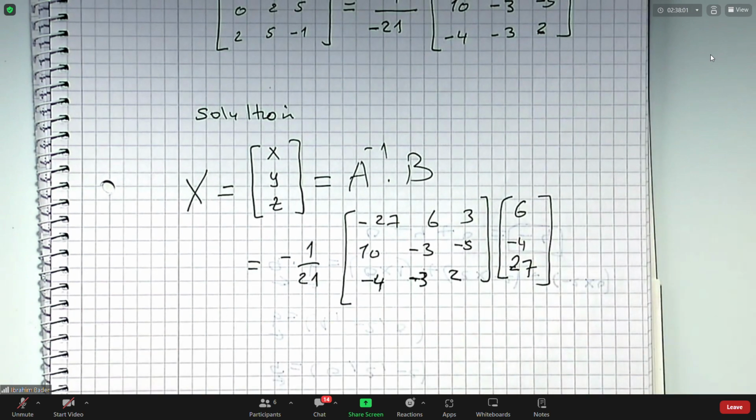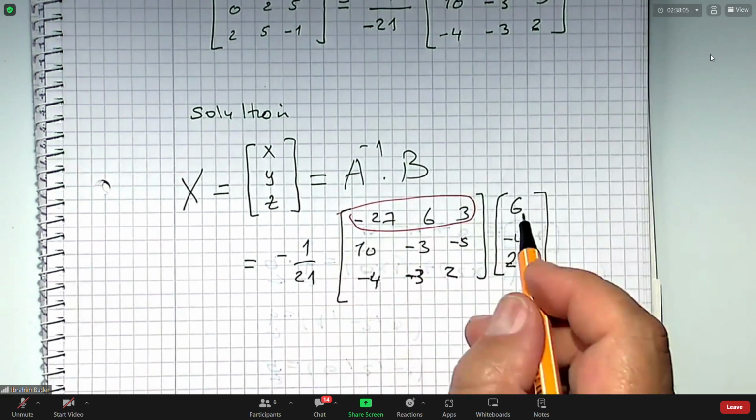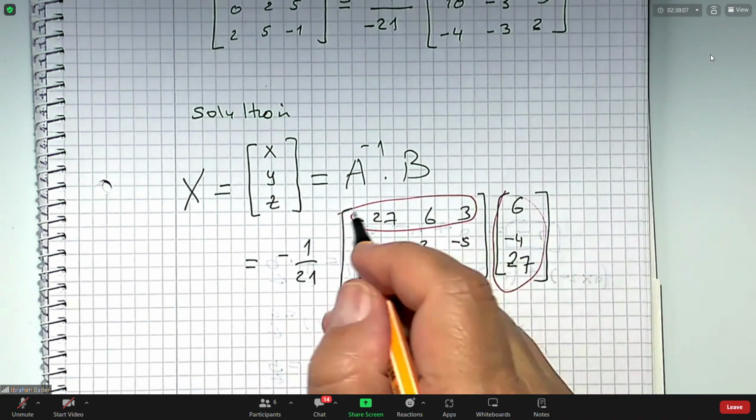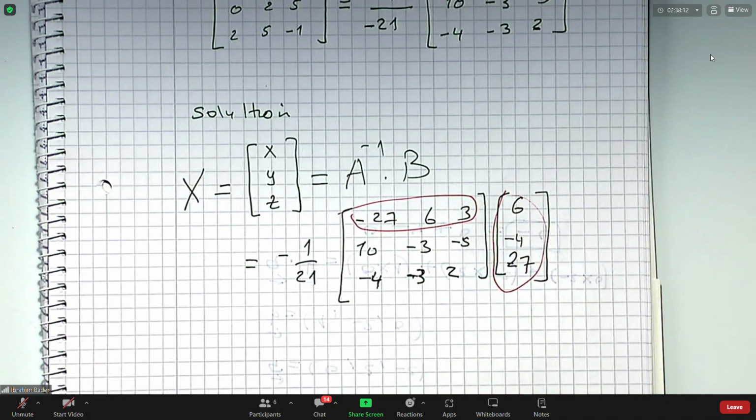Now we need to carry out this. You can just multiply this out with this, and then you get the solution.